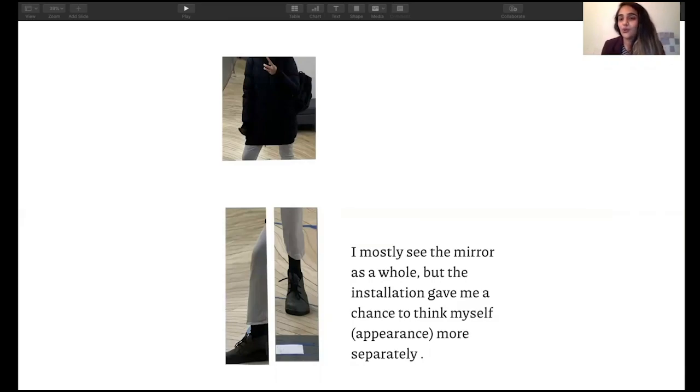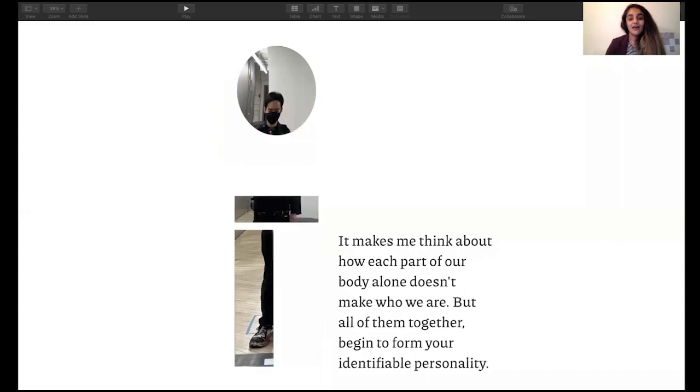Maybe a different shoe would make you feel a little bit brighter, or a little bit more confident, or maybe not. Another viewer said, it makes me think about how each part of our body alone doesn't make who we are, but all of them together begin to form your identifiable personality.